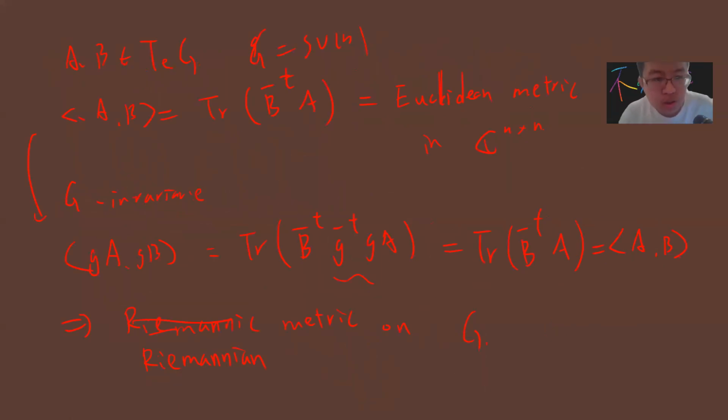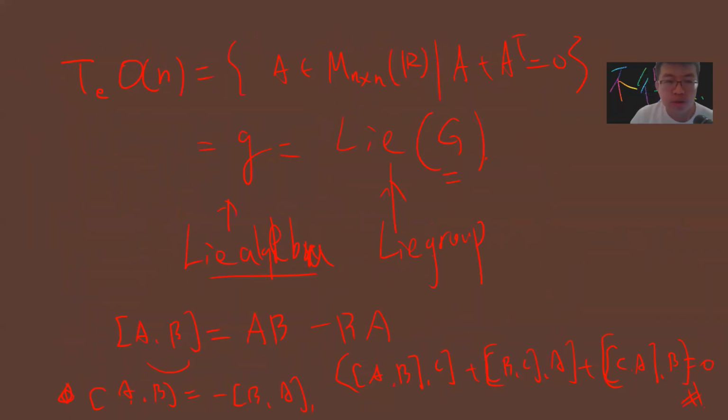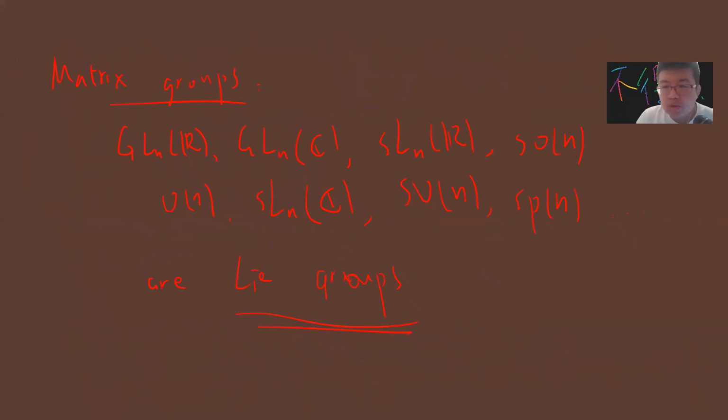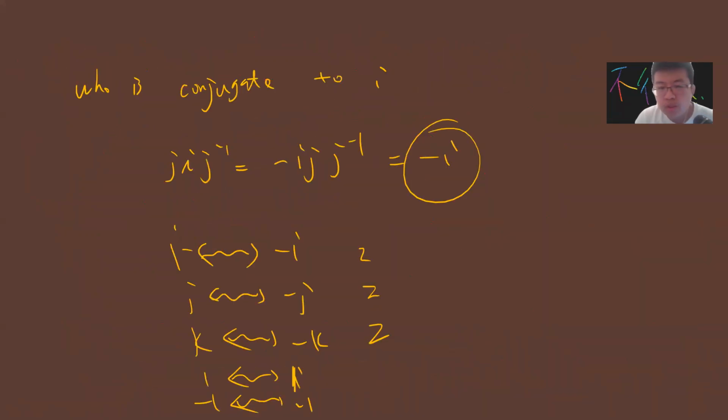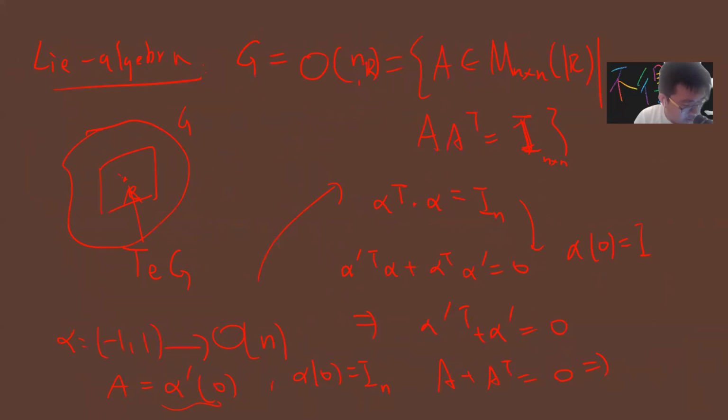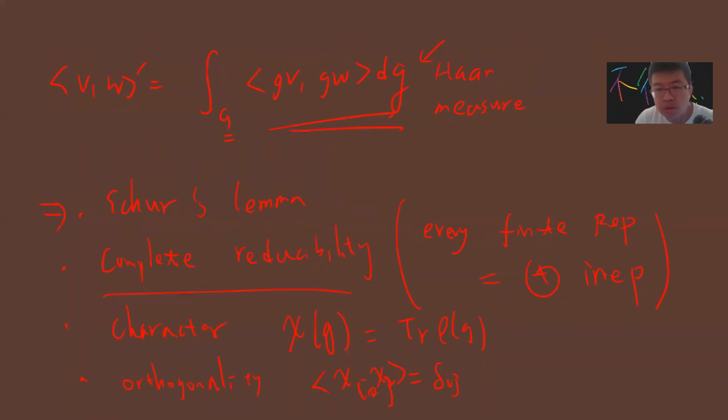Okay, so this is just a quick introduction to matrix groups, and maybe in the next video I will talk about one example, the simplest example, the textbook example of how to construct the irreducible representations of SU(2).